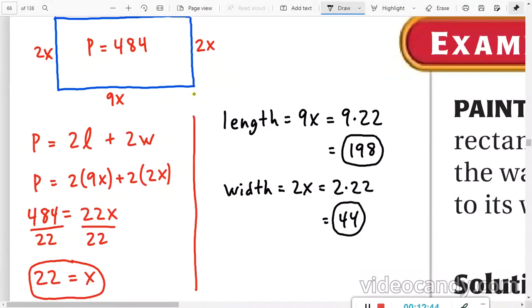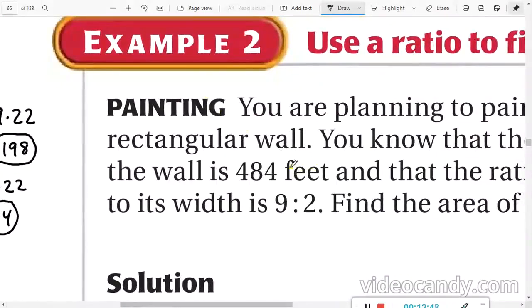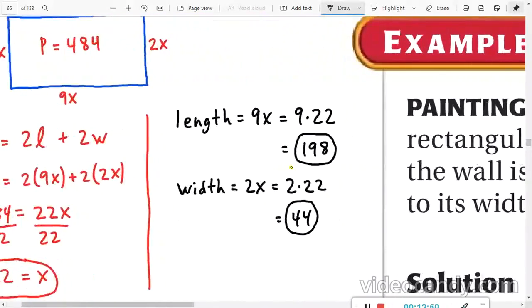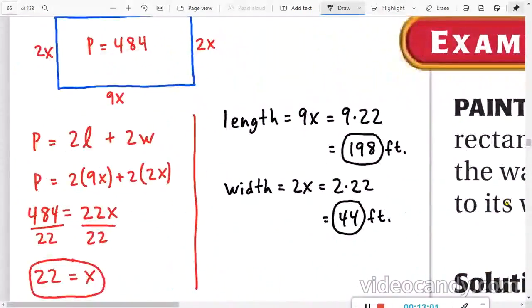Now the units for the perimeter were in feet, so these are both going to be in feet. And finally, for the area, we know the area of a rectangle is just length times width.